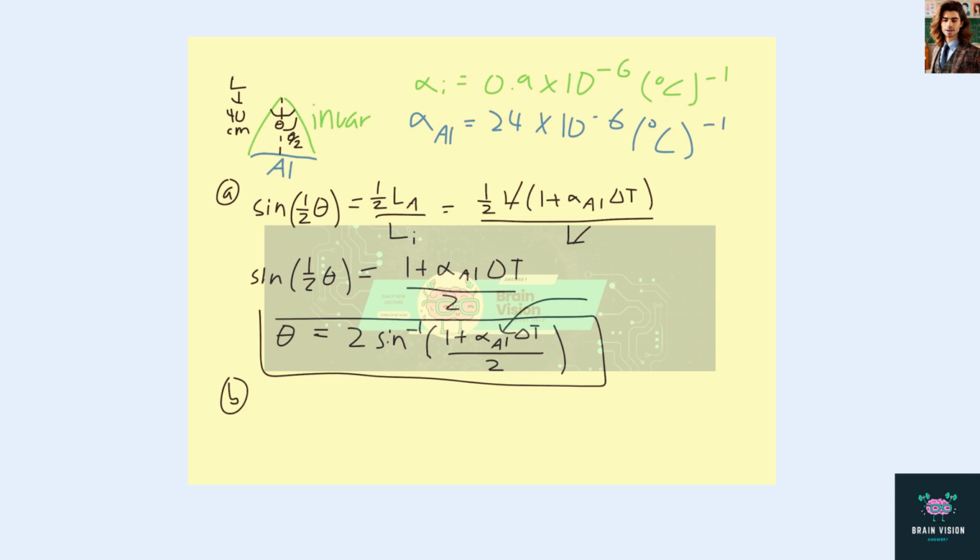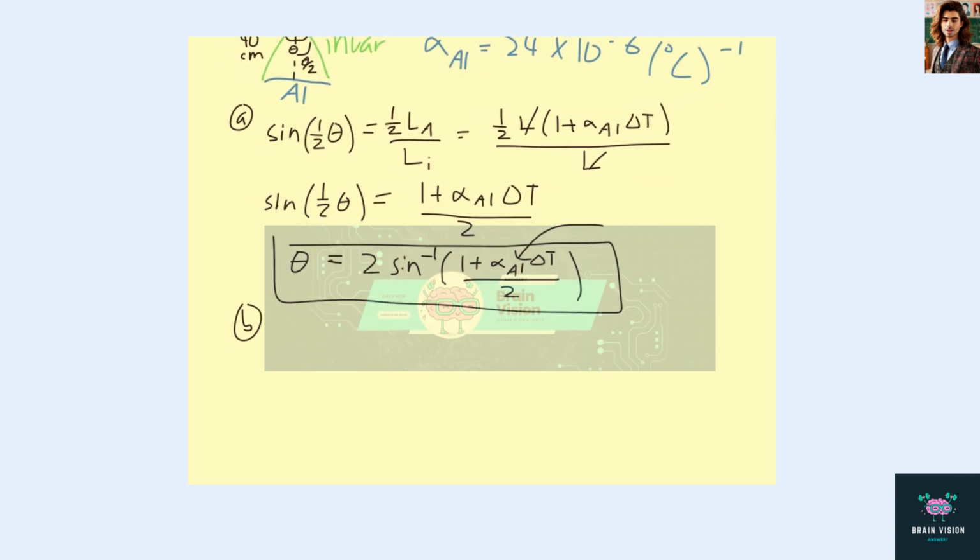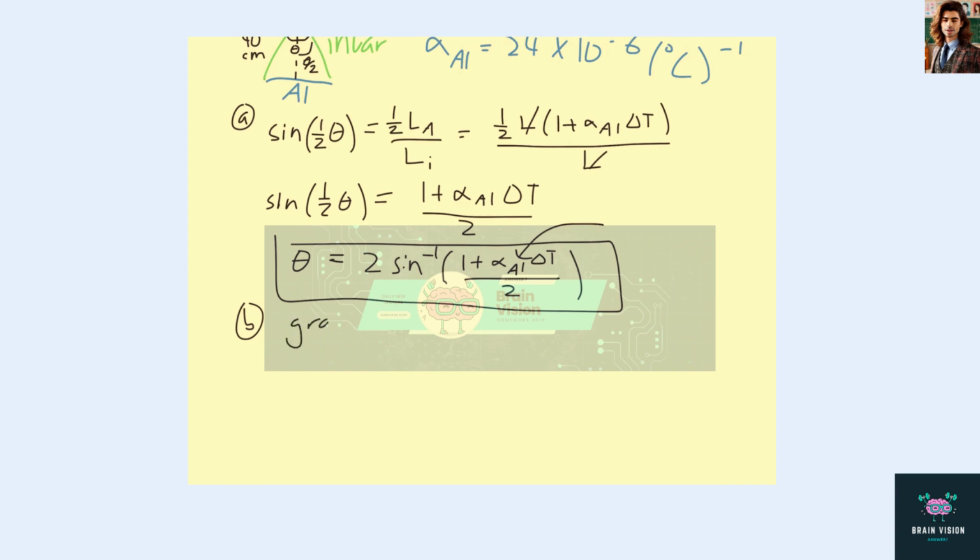Okay, for part B, does this work for negative numbers? Yes, so what I would say for this is to graph our function on your calculator, Desmos, to just see how it behaves, and you will see that it looks something like this. This is going to be 60 degrees.